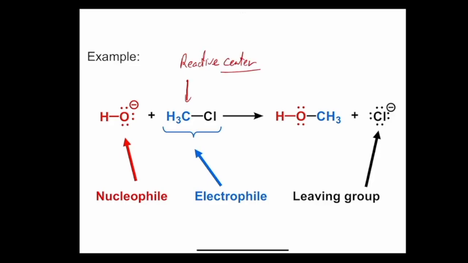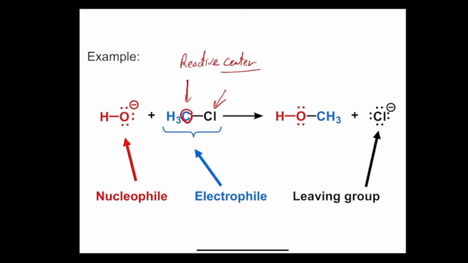This is the carbon where this reaction happens. It's the specific atom where the nucleophile becomes bonded to. So if you have a very, very large molecule, what we call the reactive center, we're talking about the carbon that is currently holding on to the thing being displaced, the leaving group.